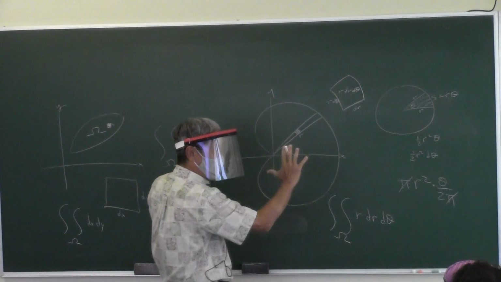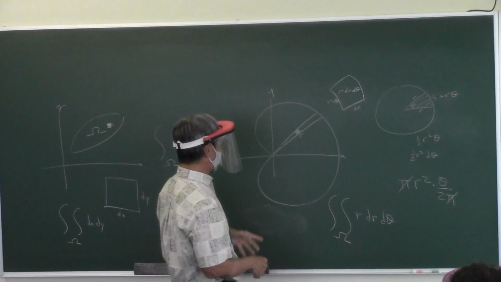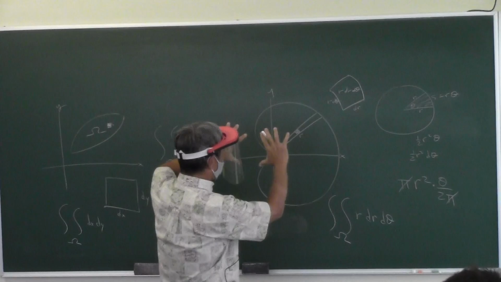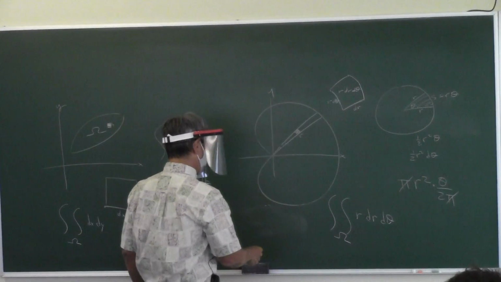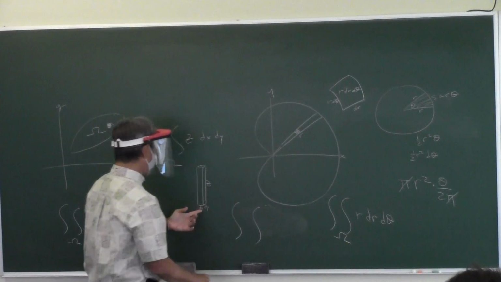How do you compute the volume of that three-dimensional thing from omega to here? What would the integral become? Then it's going to be like the same thing.